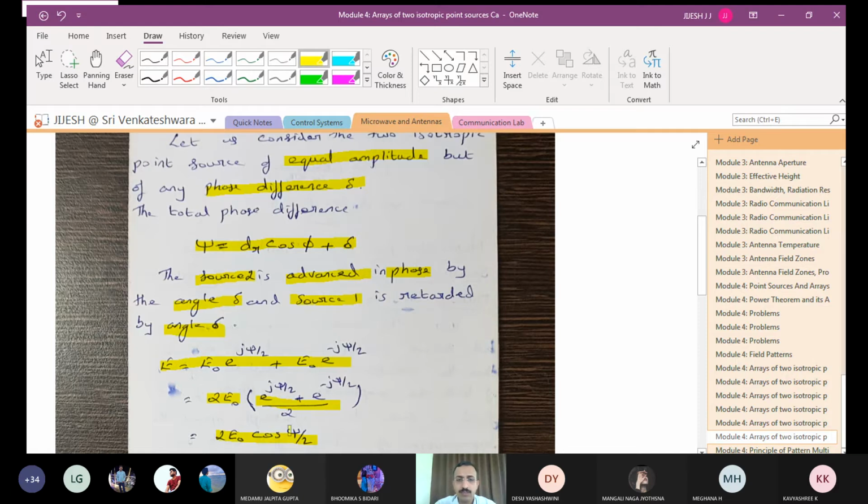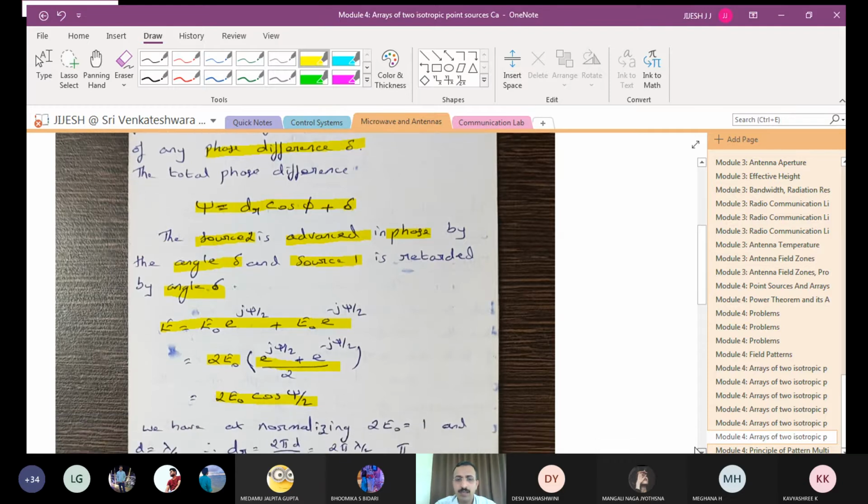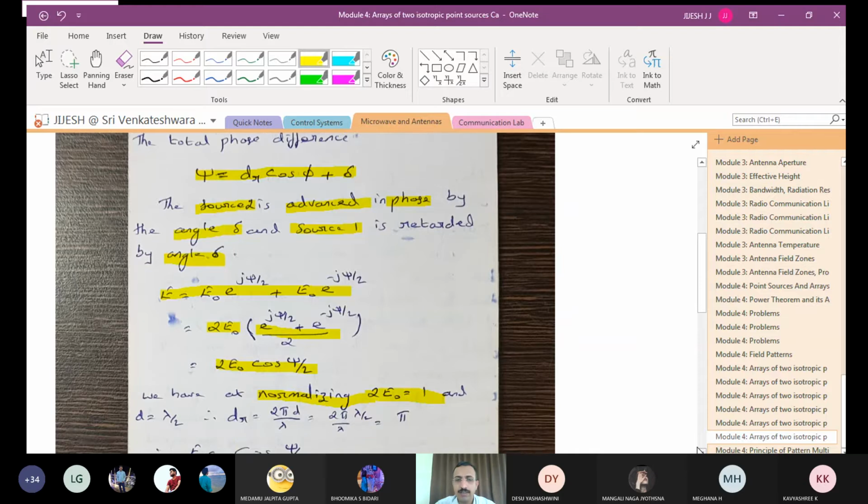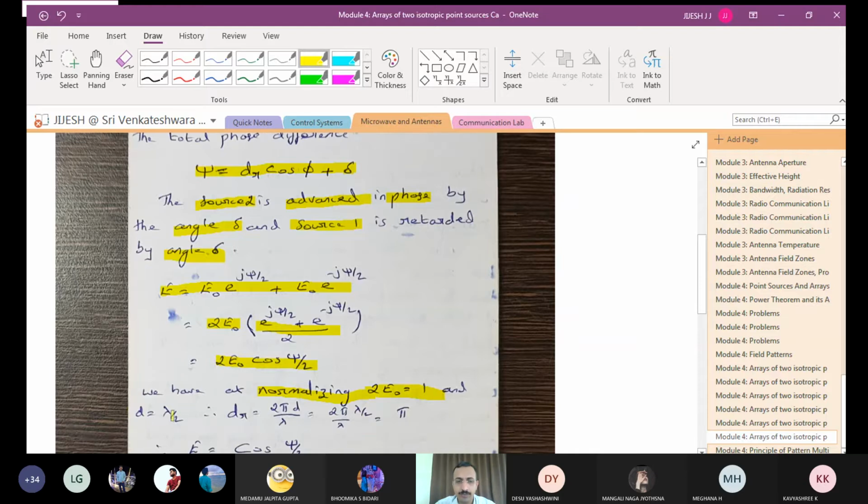So we got E is equal to 2 E naught cos of psi by 2. Let us proceed further. As we have done before, for the normalized value we take 2 E naught is equal to 1, and assume D is equal to lambda by 2.